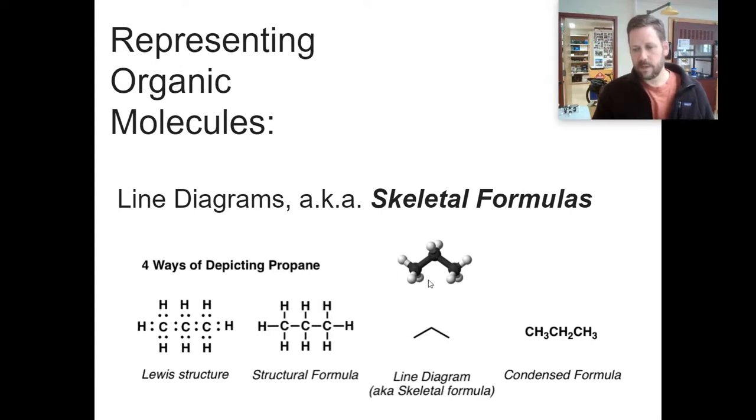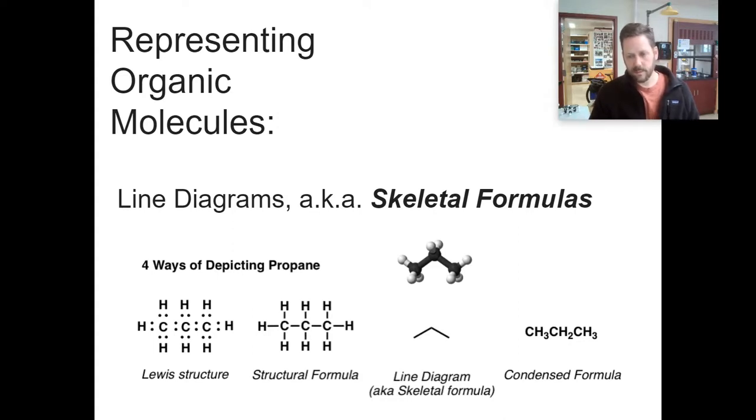But if you picture the model for this, there it is, CH3, CH2, CH3. That's what we'd call the condensed formula as you read it left to right. Then essentially you'll notice there's this carbon backbone. And that's what a skeletal formula tries to draw, just the carbon backbone. And all of the bonds to hydrogen are implied, and the carbon atoms are implied by either an end of a line or a bend in the line.